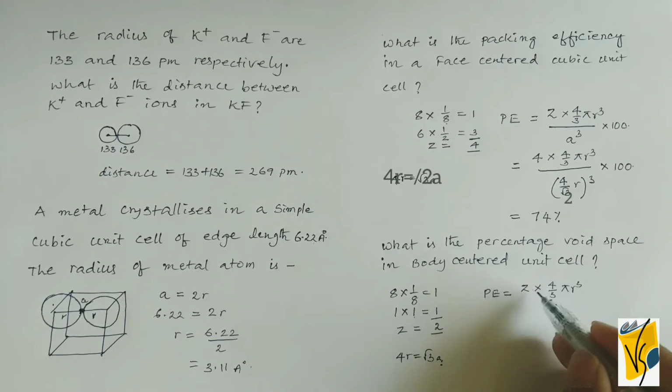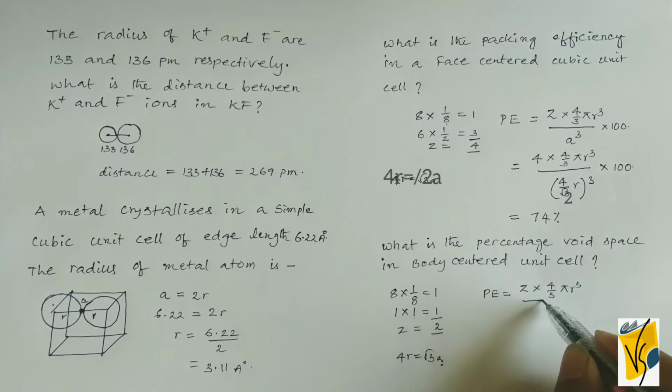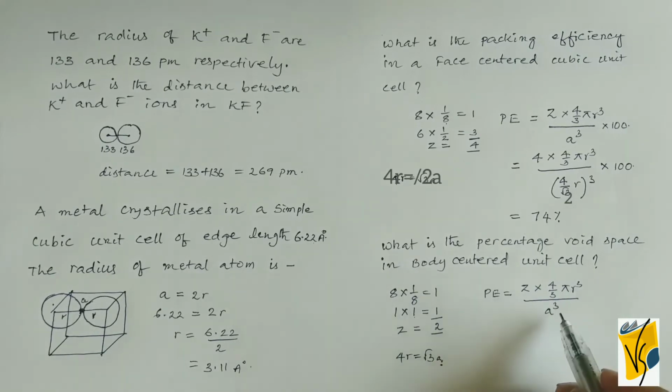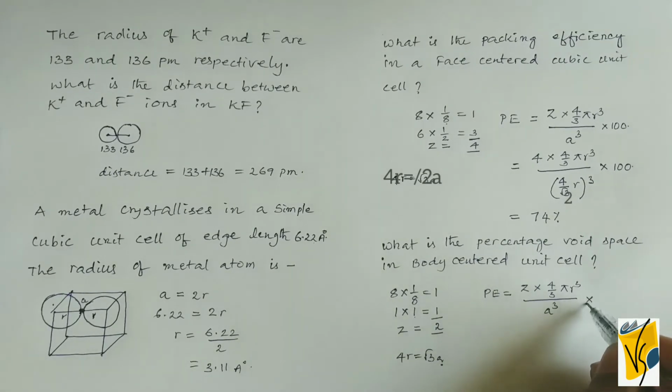This gives the total volume of all the atoms, divided by the volume of the unit cell, that is equal to a cube, right? Volume of the unit cell is V, that is equal to edge length cube. So that is equal to volume into 100.